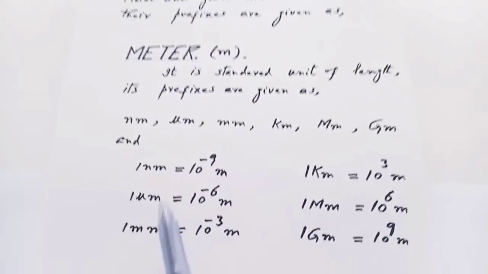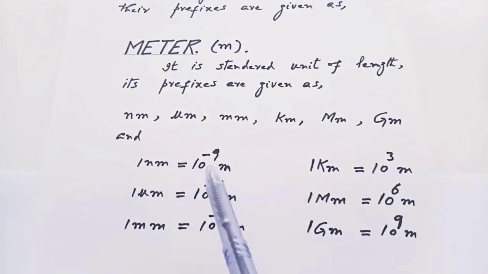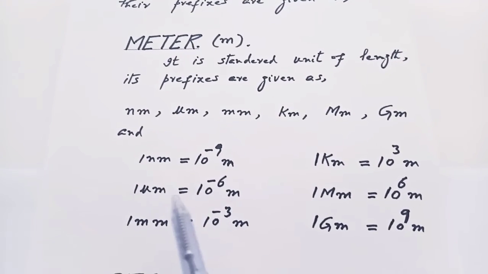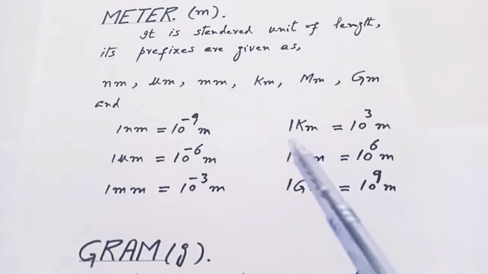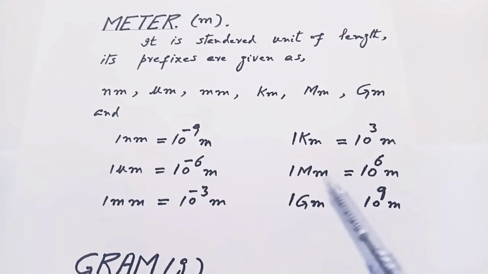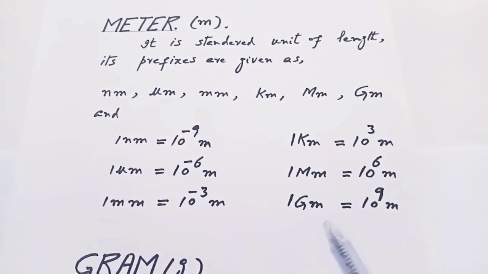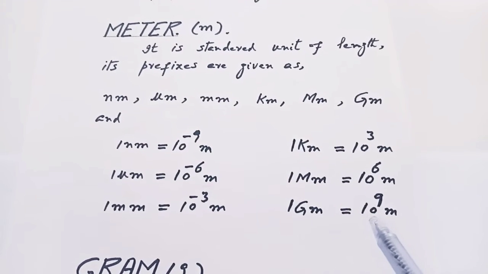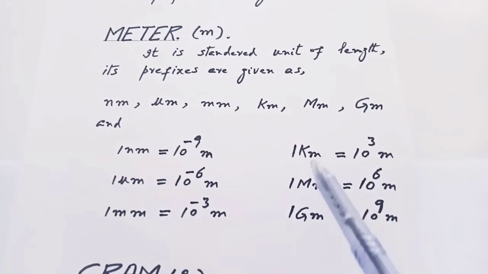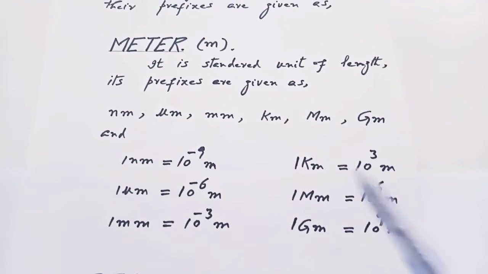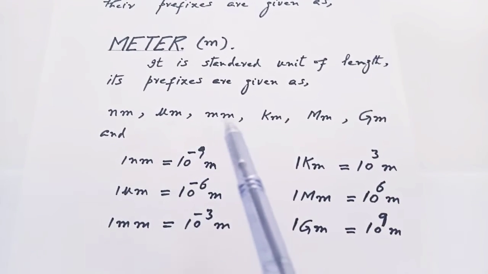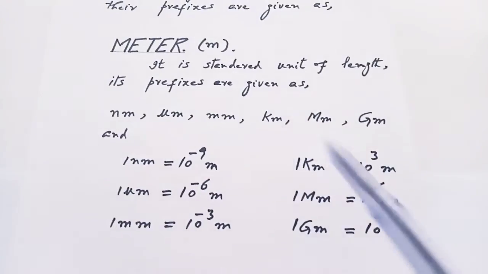And 1 nanometer is 10 power minus 9 meter, 1 micrometer is 10 power minus 6 meter, 1 millimeter is 10 power minus 3 meter. 1 kilometer is 10 power 3 meter, 1 megameter is 10 power 6 meter, and 1 gigameter is 10 power 9 meter. So these are the prefixes in relation with meter.